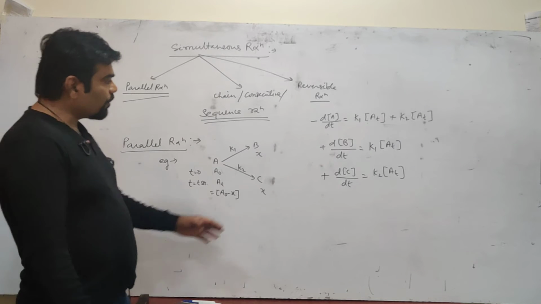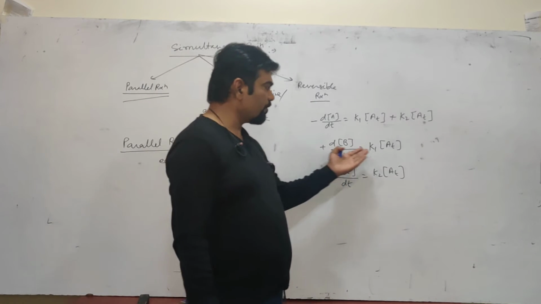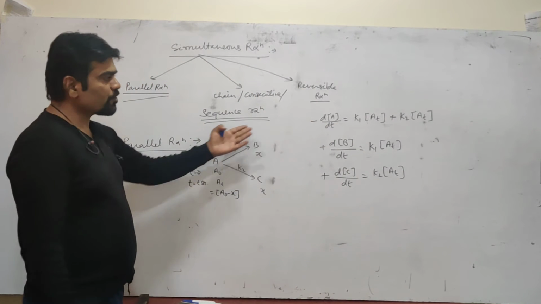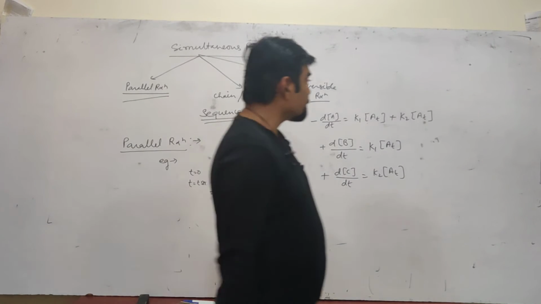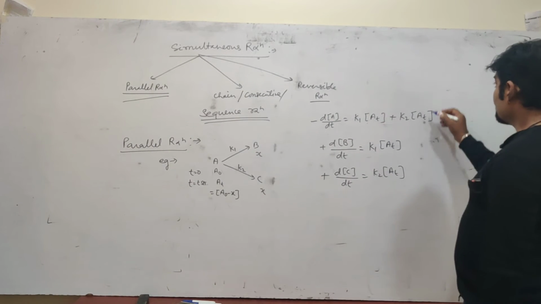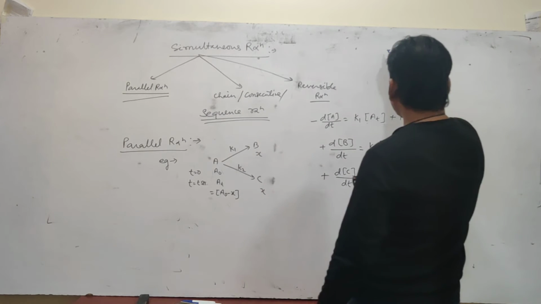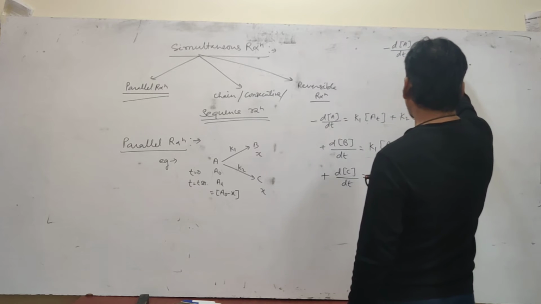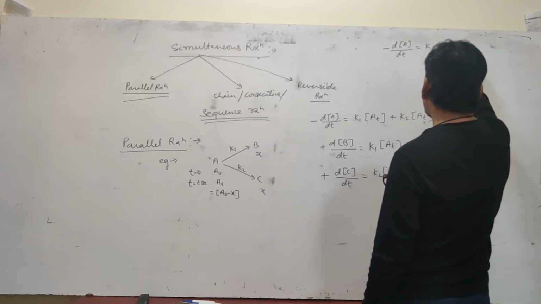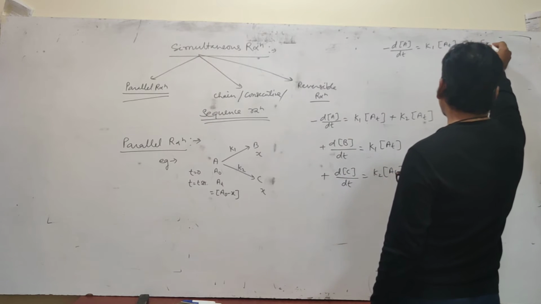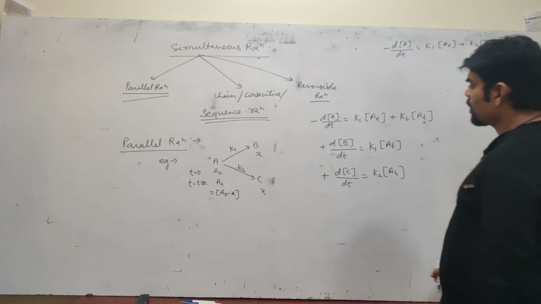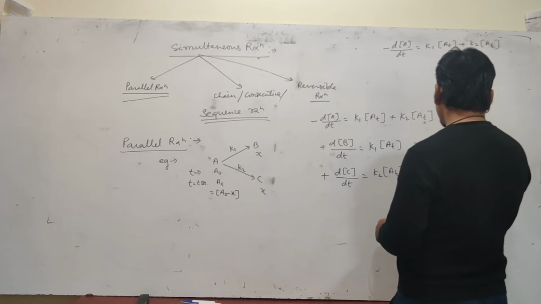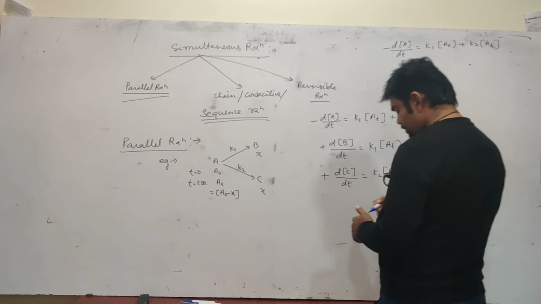So this is the rate of formation of C, this is the rate of formation of B, and this is the rate of disappearance of A for the formation of both B and C. Let's say this is the first equation, this is the second equation, and this is the third equation.